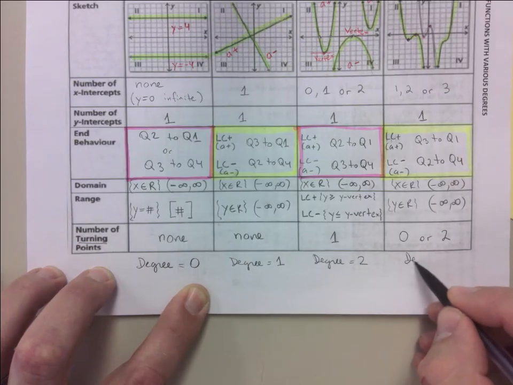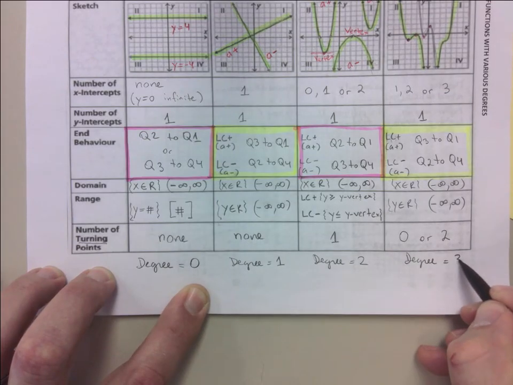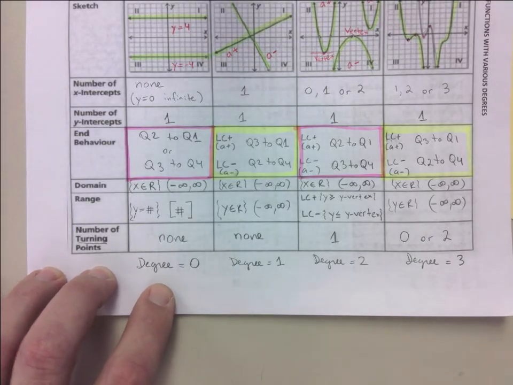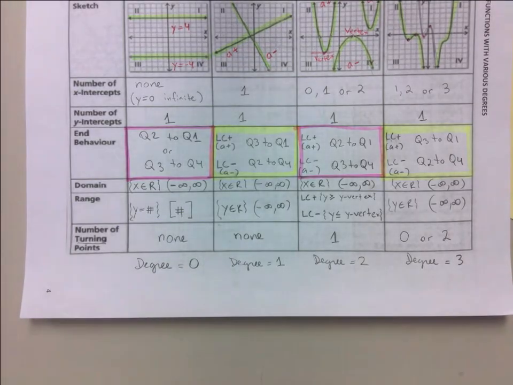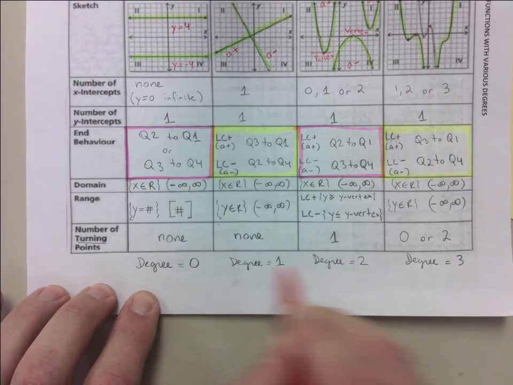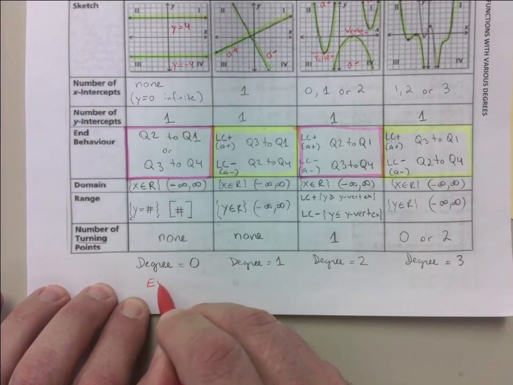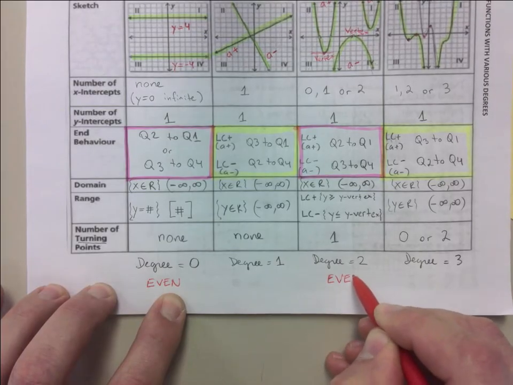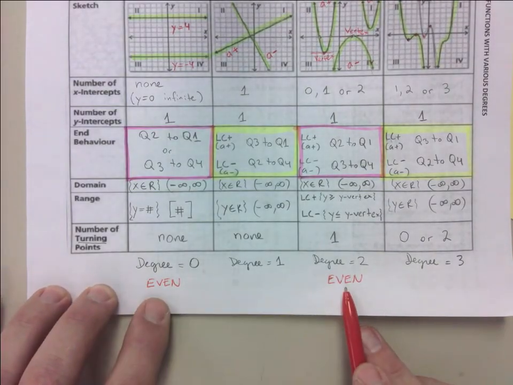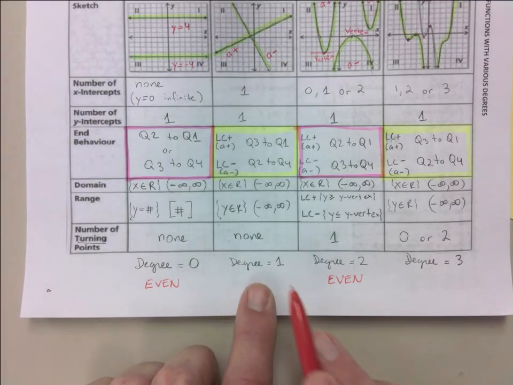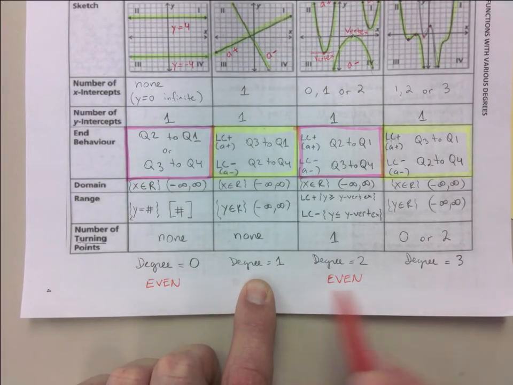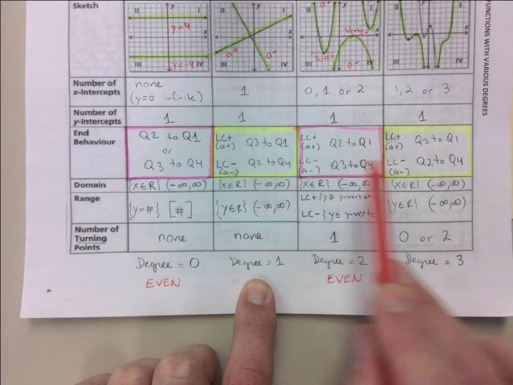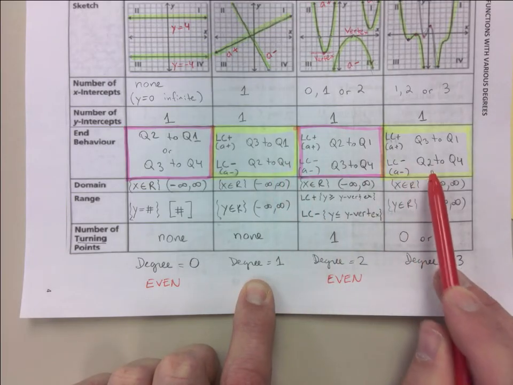And then the degree of a cubic is 3. And here's the final say about this page that I'm going to say. A degree of 0 and 2 is even. They're both even. And a degree of 1 and 3, they're both odd, and they have the same end behavior.